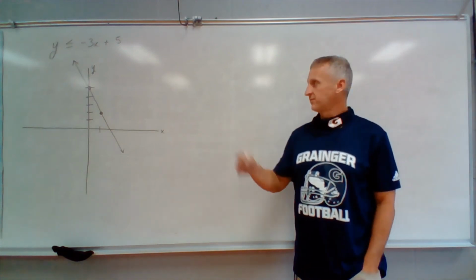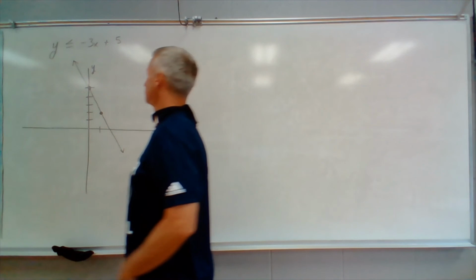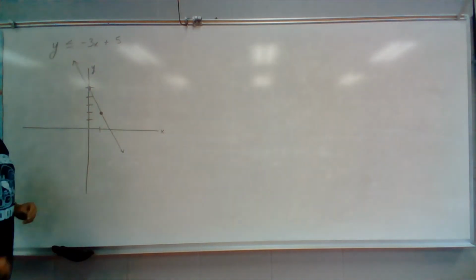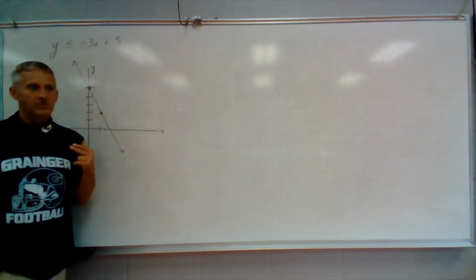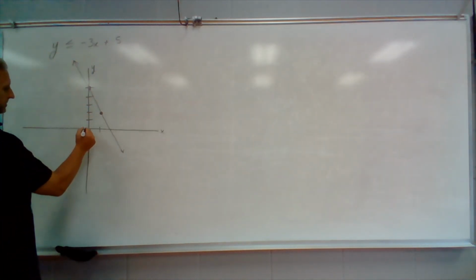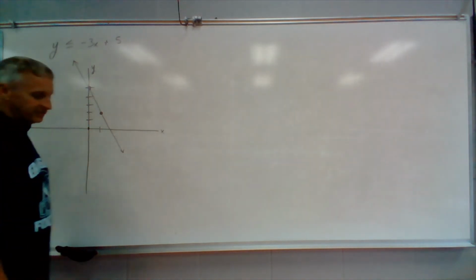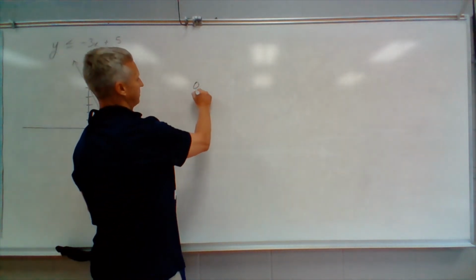But we also want to graph all the solutions for the less than part. So let's take a point in particular. Let's just pick one here. Let's do the point 0, 0, and figure out if 0, 0 is a solution to that inequality.